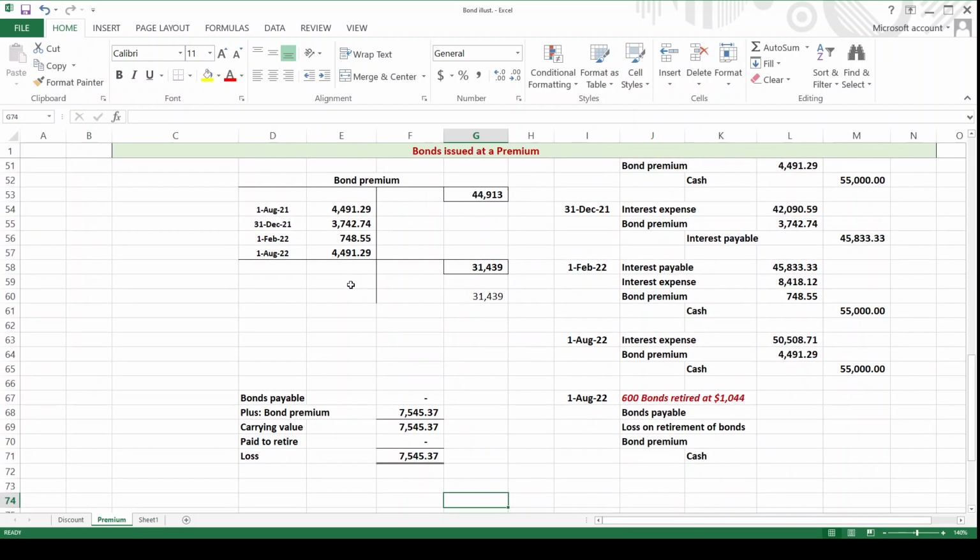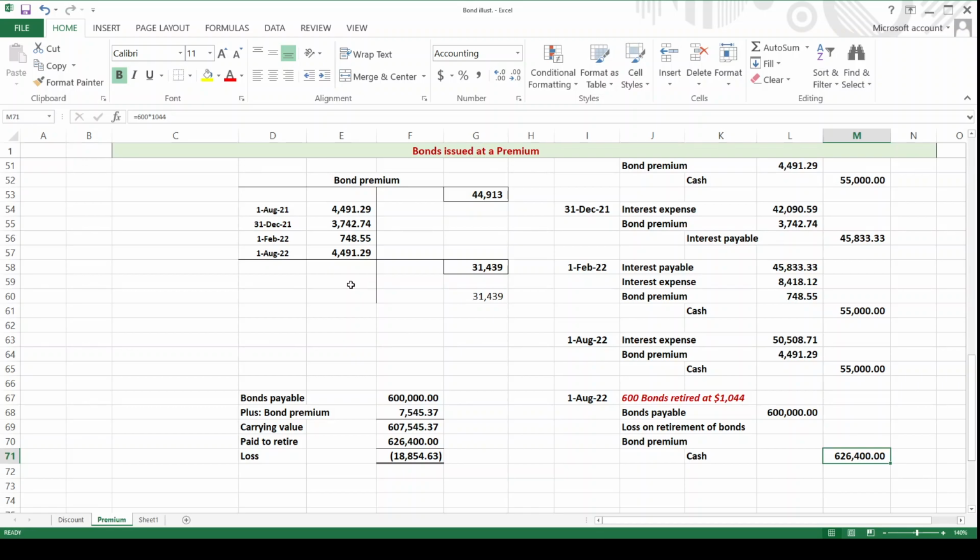Okay, where do we go from here? Let's retire the bonds. This shouldn't be too difficult. This is going to be $600,000, right? Bonds payable always going to be a nice even multiple of $1,000, whether you are issuing them or you are retiring them or paying them off. The cash is whatever the problem says, right? 600 times 1044, $626,400.